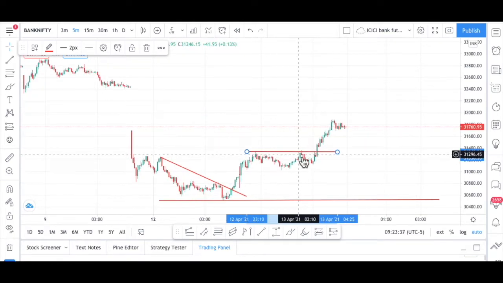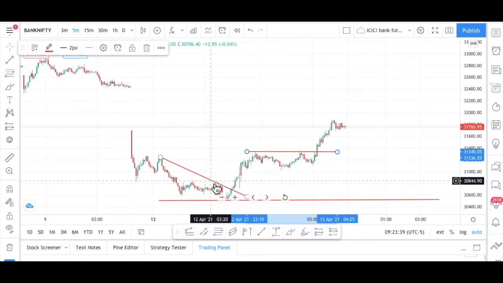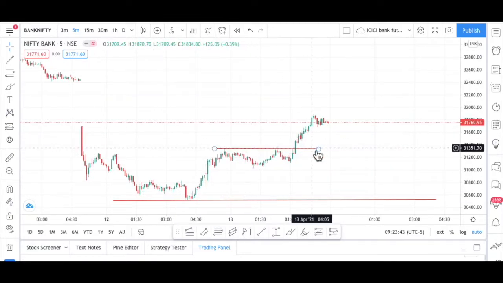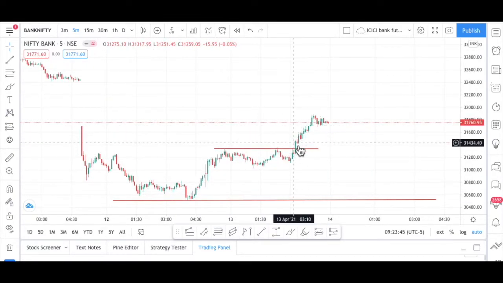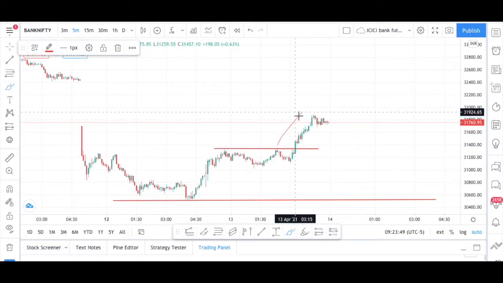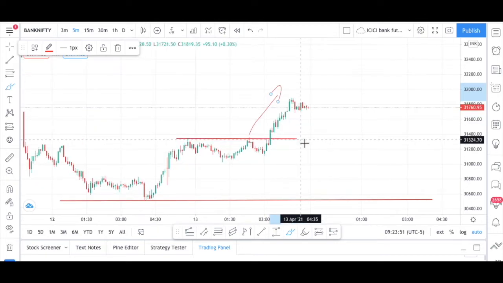So this is why trendline breakouts are important. Once a trendline breakout happens and you're able to catch that in the right way, this is when we buy options and make money. Okay, so this is how I've been trading for the past couple of years, and I thought of sharing all this on this channel.